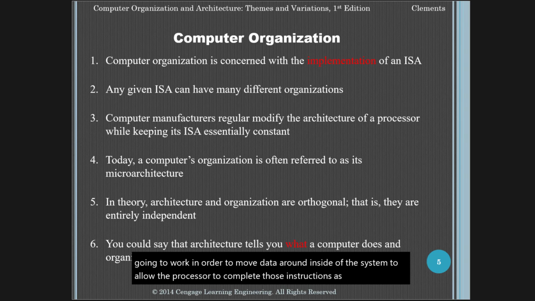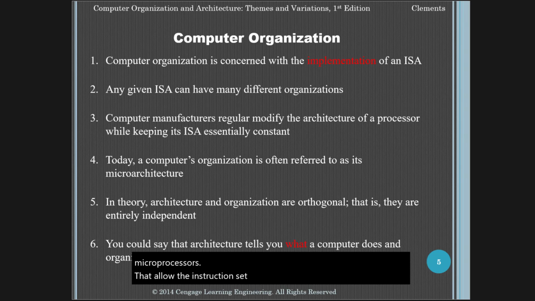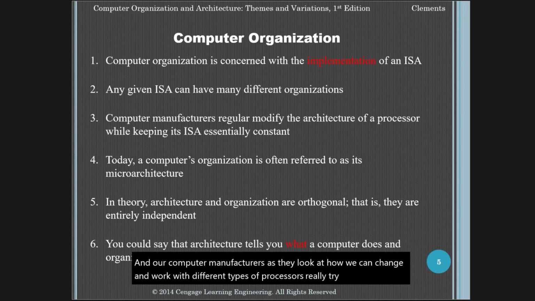And those instruction set architectures can have many different types of organization. We've seen different types of computers and different types of architecture inside of those microprocessors that allow the instruction sets to differ. And our computer manufacturers, as they look at how we can change and work with different types of processors, really try to keep that instruction set architecture essentially constant, because otherwise we're writing new programming languages.